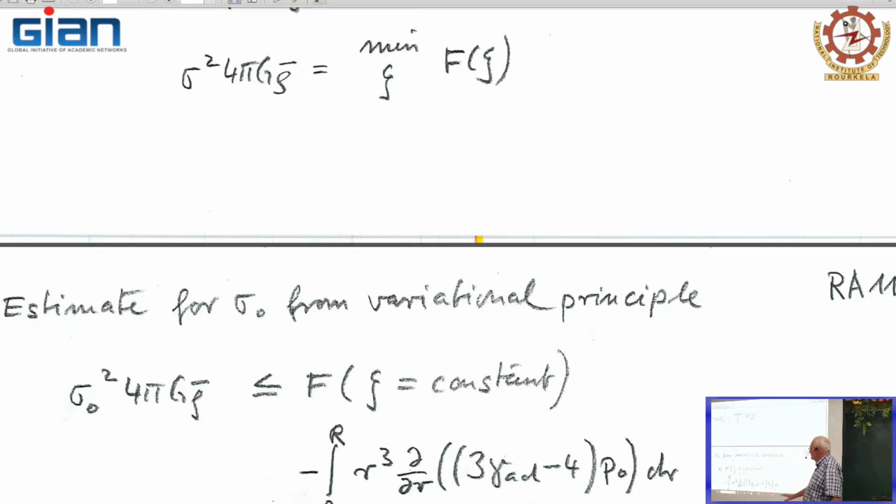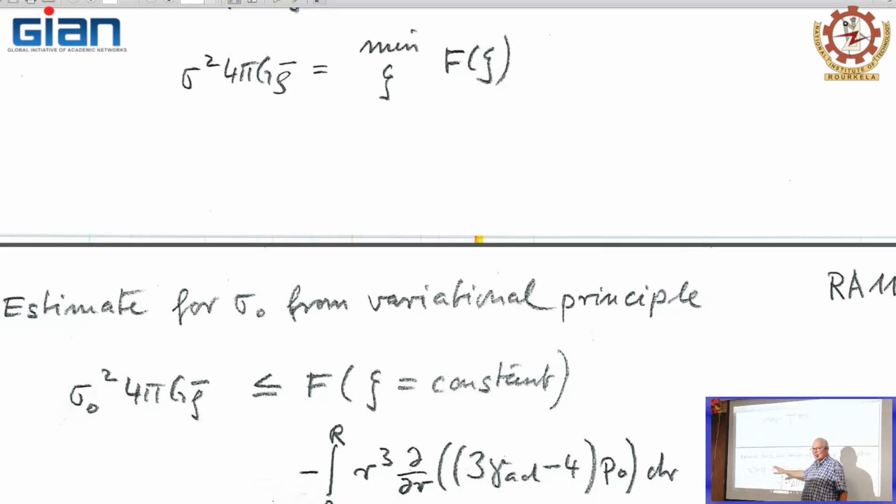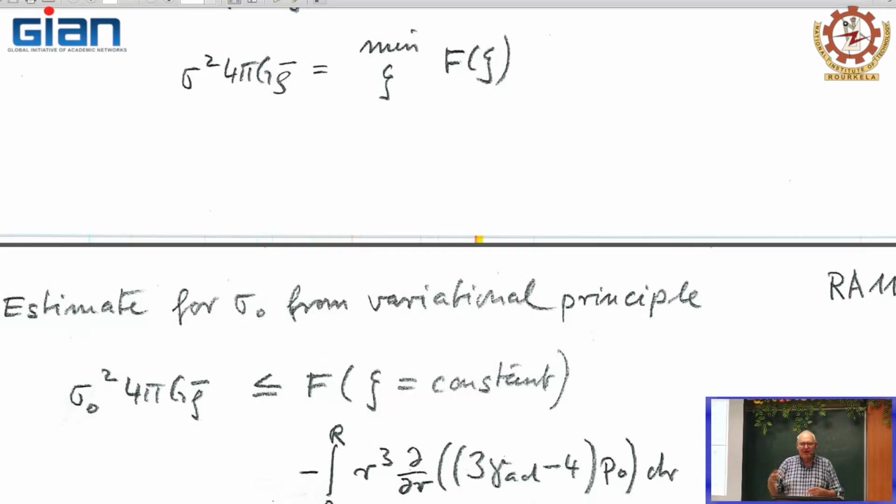So sigma naught squared is in any case smaller than the minimum of this functional. Now we can put any function in the functional, and the value we get for some function will in any case be bigger than its absolute minimum. So if we insert some function in the functional, then the value which we get will be bigger than the minimum of this functional. Okay, we agree?